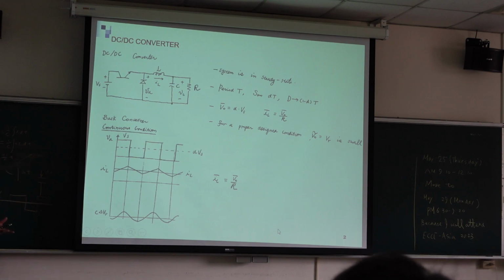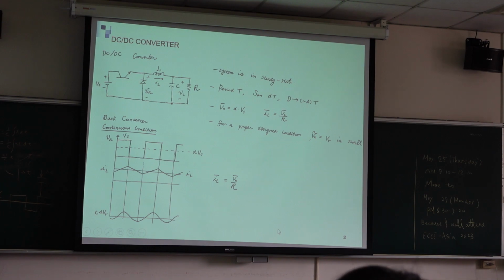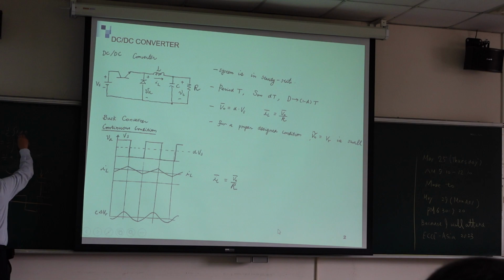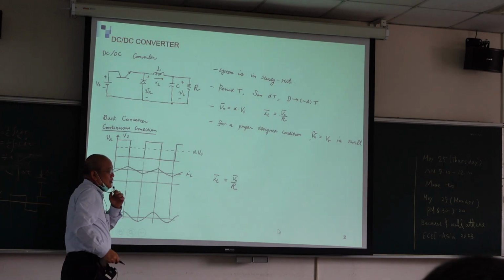If the time becomes infinity, what is your voltage across the capacitor? Infinity. So if you have a very small current, then the capacitor voltage goes to infinity. Is it possible? Impossible. So our capacitor voltage should be constant. If the voltage keeps constant, the current should be zero. So we have a conclusion. This current should be zero.